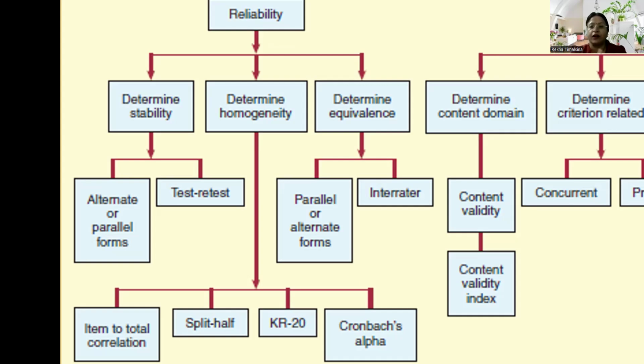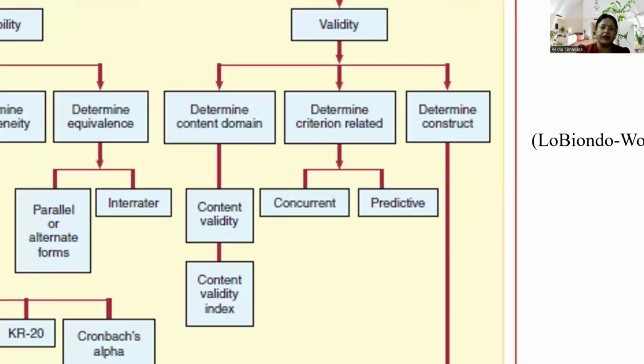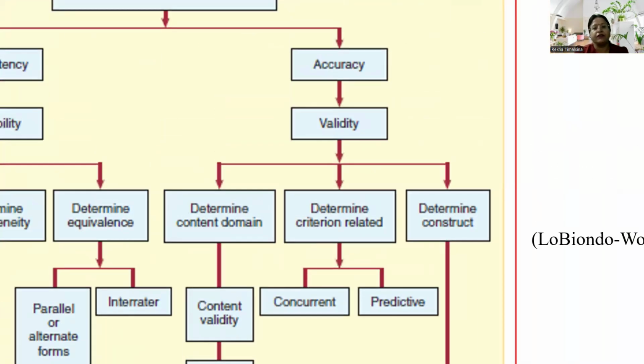To determine the homogeneity of the items of an instrument, we need to calculate item-to-total correlation, split-half, KR20 and Cronbach's alpha. For determining equivalence, we need to use parallel or alternate forms of reliability as well as internal reliability. In terms of validity, accuracy refers to validity, and validity can be ensured through content validity, criterion-related validity, and construct validity, along with face validity.